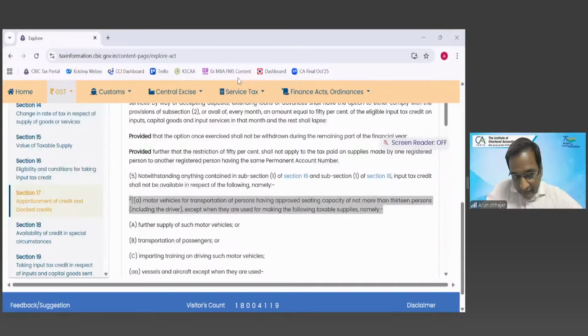If the vehicle is used for transportation of goods, transportation of my own goods, not taxable, will you allow the ITC?